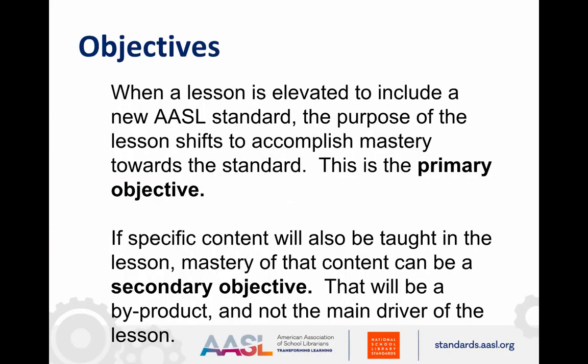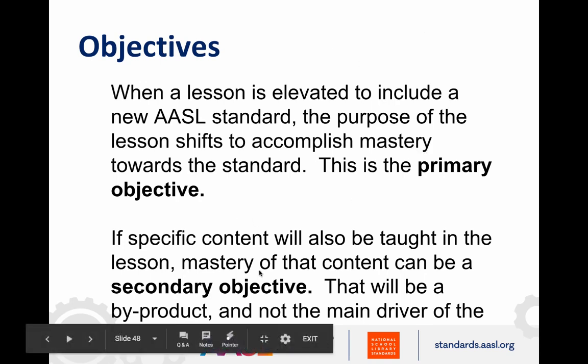We've already talked a bit about the difference in a primary and a secondary objective. I just want to throw in at this point that I'm not concerned that you have a clear working definition of what a primary objective is versus a secondary objective.